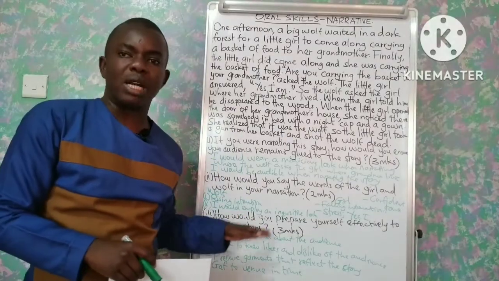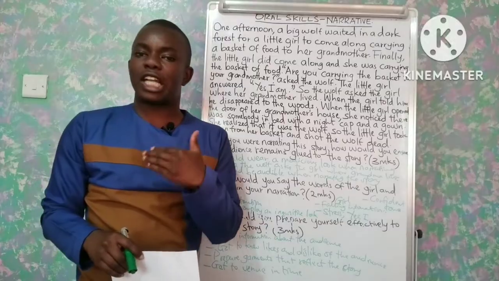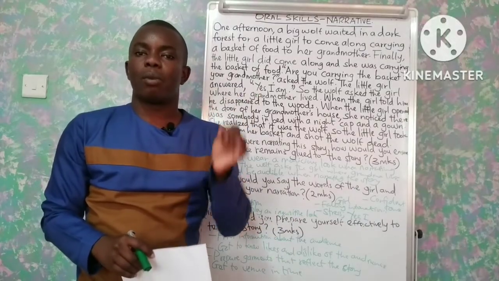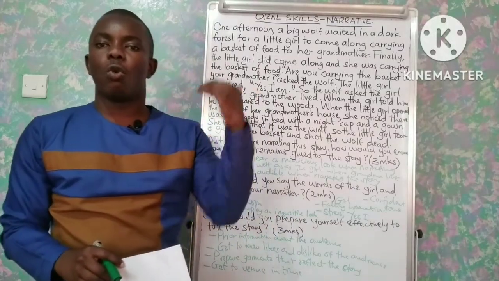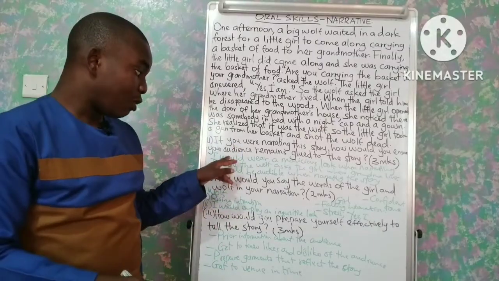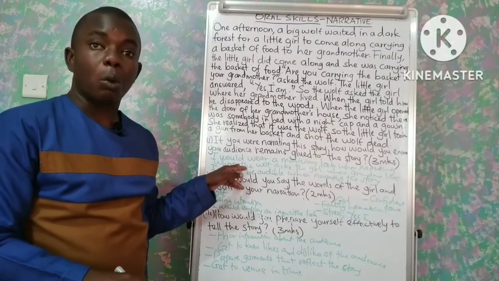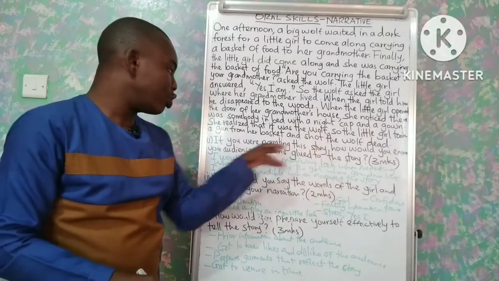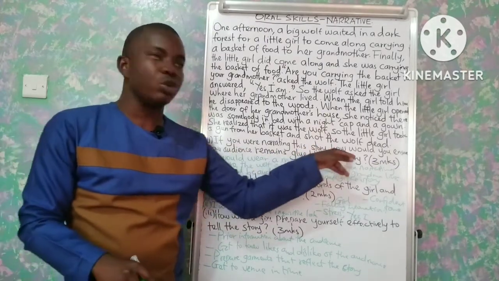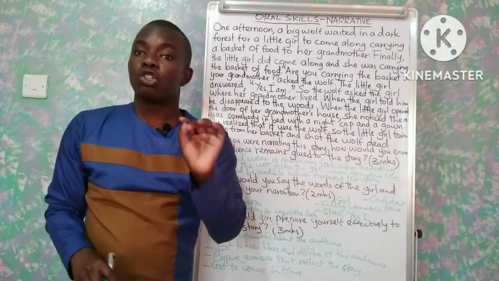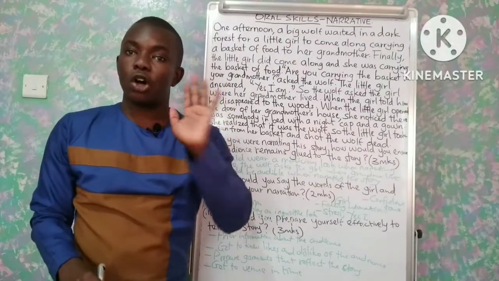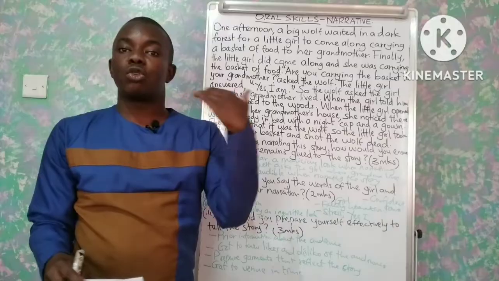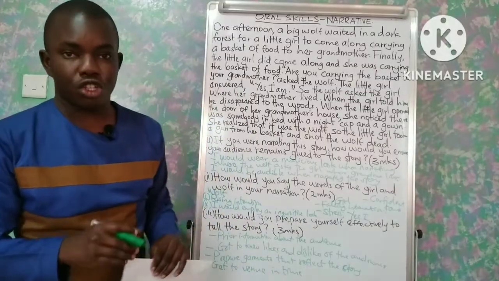So you can just manipulate these answers even next time that you've been asked that you are preparing for a talk. What would you need to do? Then again, the question 1, where you were asked how you would ensure that your audience remains glued to the story, this would also be relevant to a talk. It can also be relevant to when you are giving a speech.